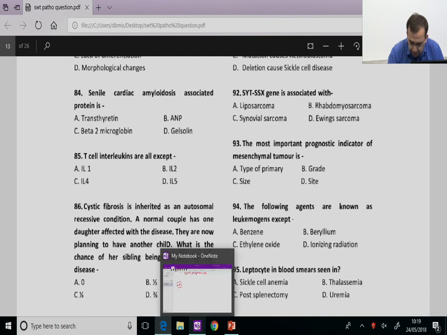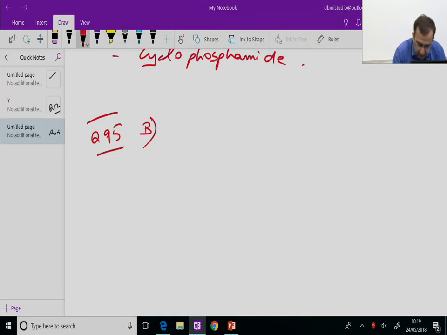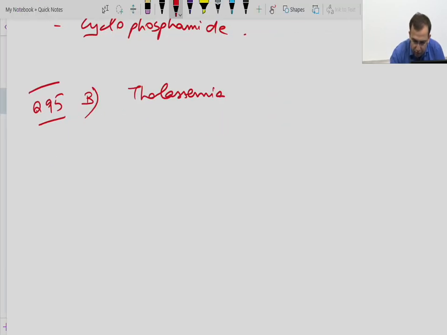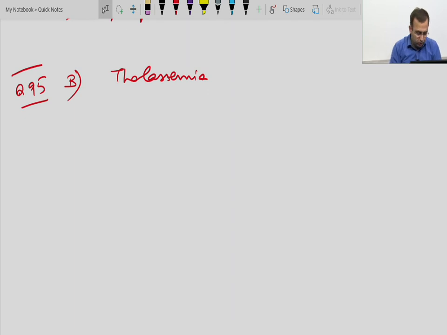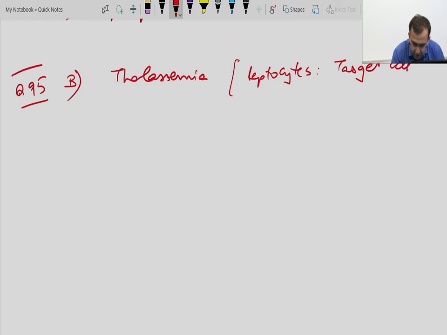Question 95, the answer is B, thalassemia. So before we go further, let us look at morphological abnormalities in RBCs.